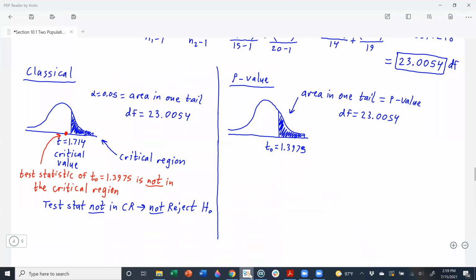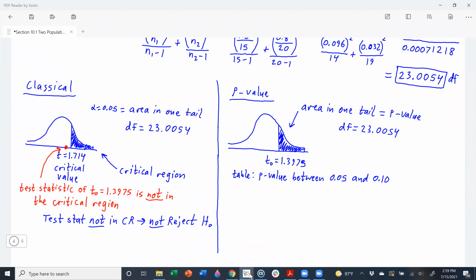So the p-value using the table, the p-value is between 0.05 and 0.10.